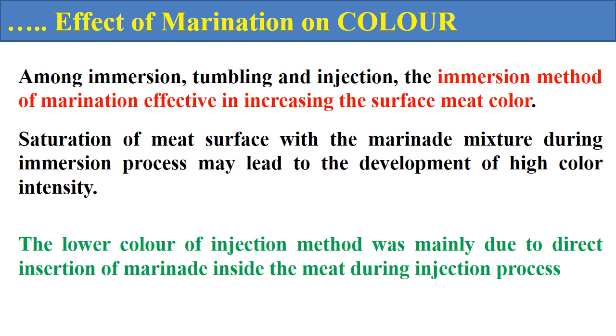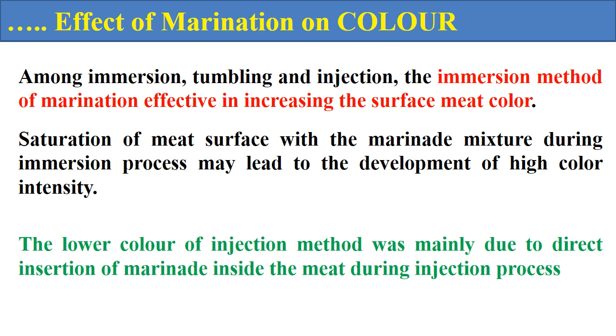Now we will see the effect of marination on color. So among the three methods, immersion, tumbling and injection, the immersion method of marination is more effective in increasing the surface meat color. The saturation of the meat surface with the marinade mixture during the immersion process may lead to the development of high color intensity.